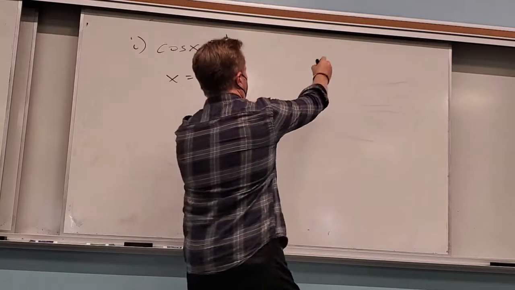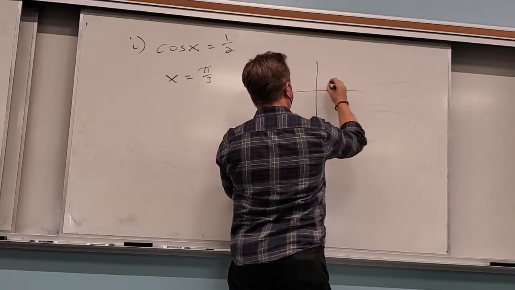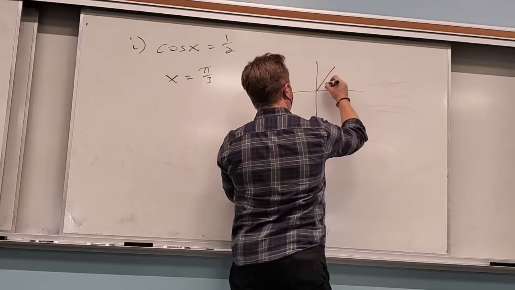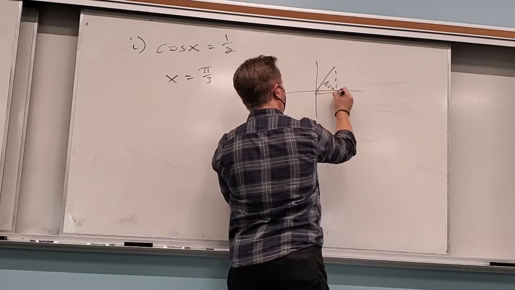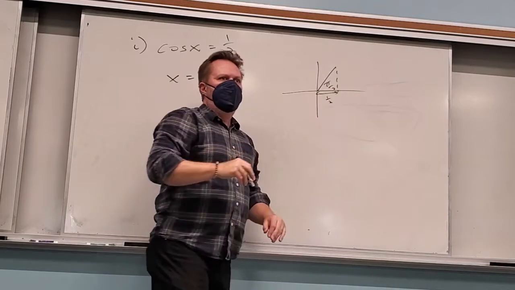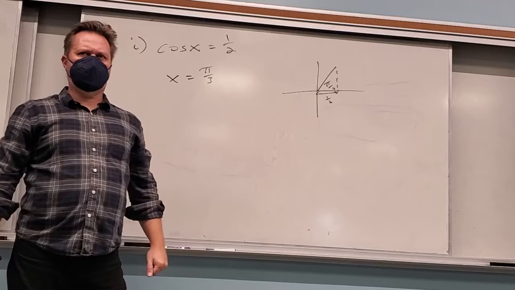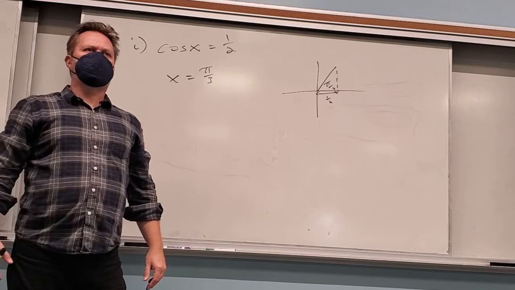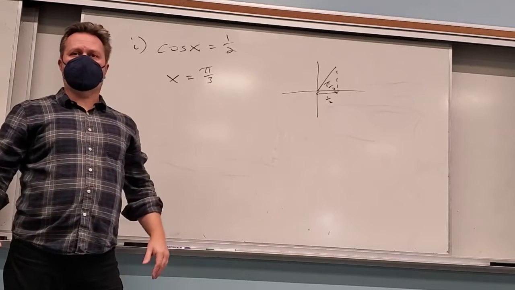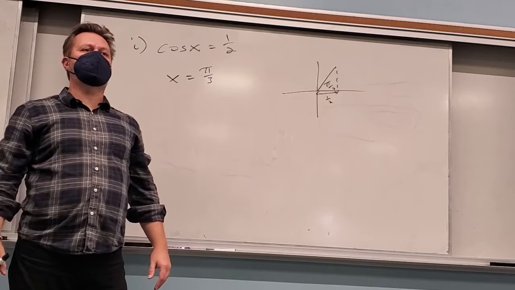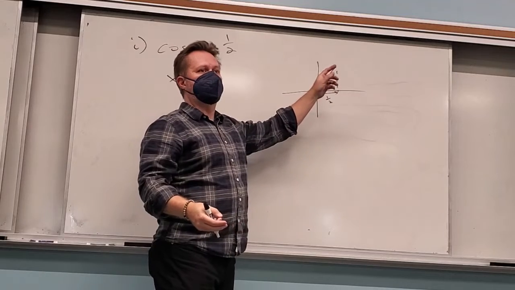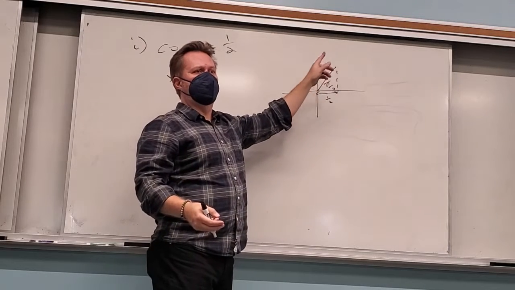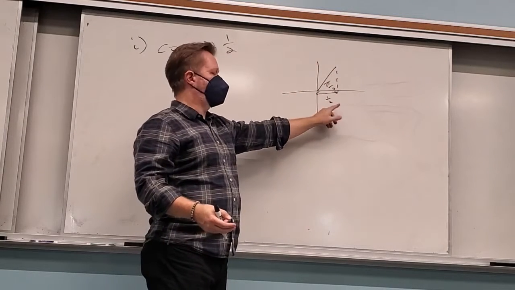You can give me one other answer at least immediately. At 60 degrees, at pi over 3, the cosine is 1/2. Can't you think of a reference angle to put me somewhere else where the cosine is still 1/2? Where's cosine positive? Which quadrants? First and fourth.